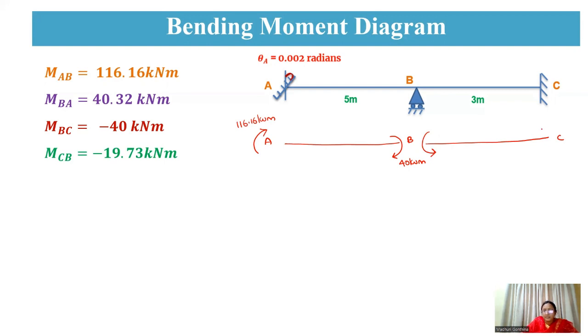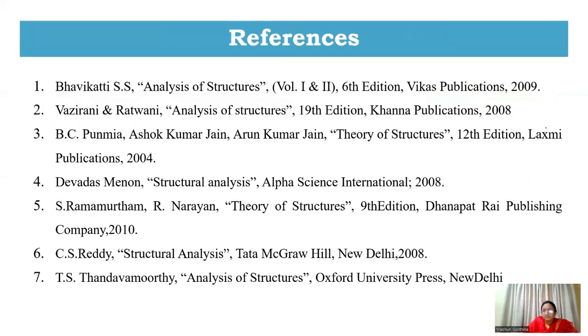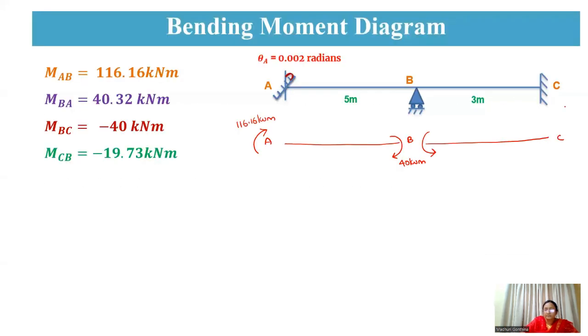And CB, again, it is negative. So that means, sorry, it is anti-clockwise of 19.73 kilonewton meter. Since there is no external load acting on it, only for these moments are you going to draw the bending moment diagram.